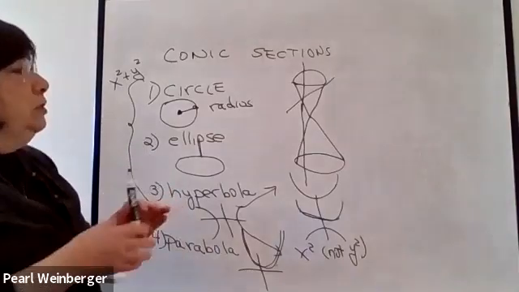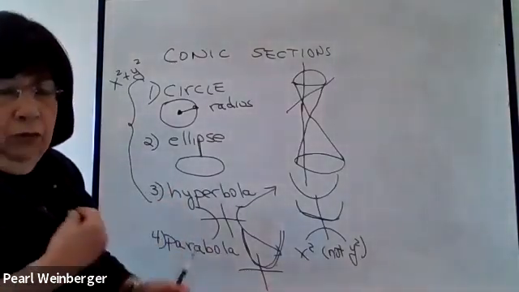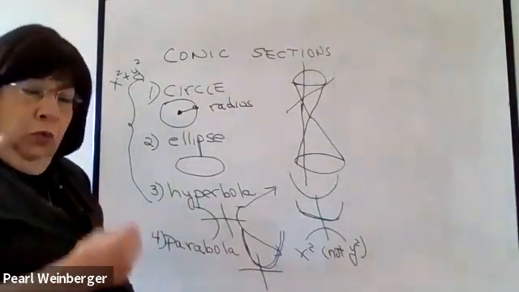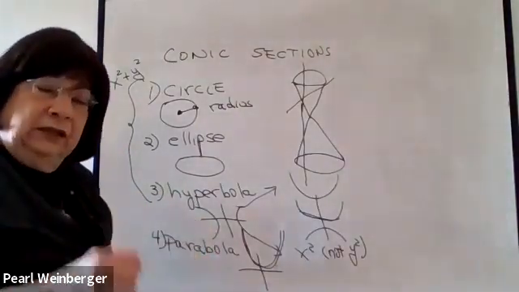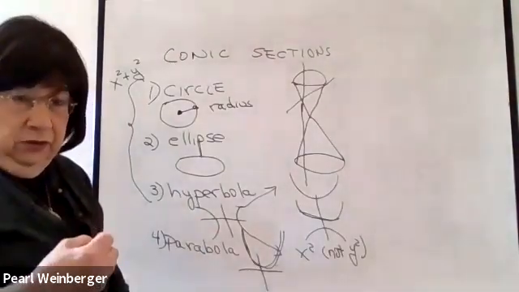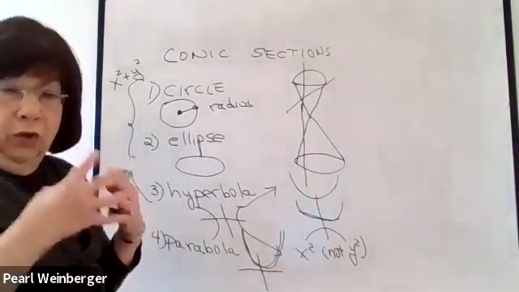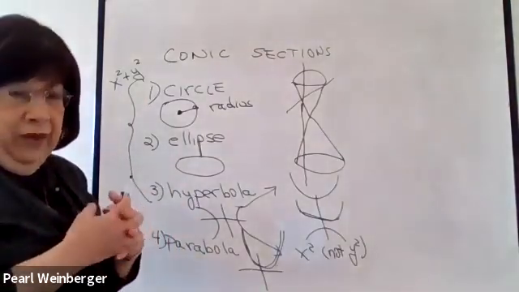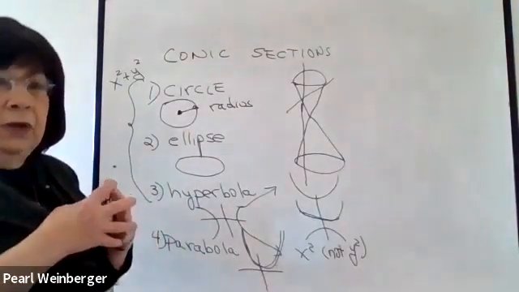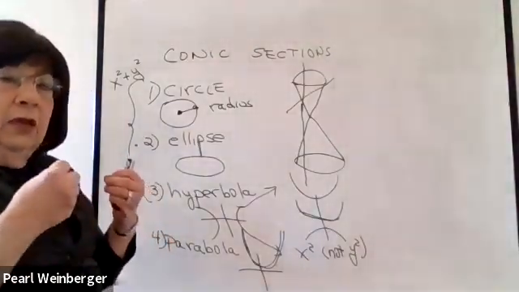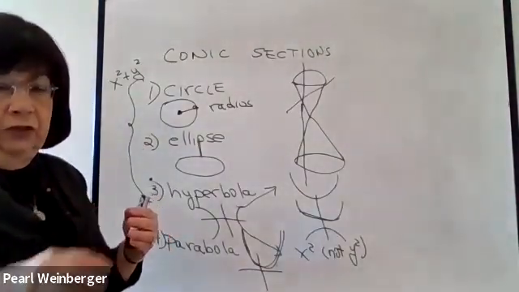But what we're going to do is look, what do we have to know? Aside from having to know what a conic section is, we have to be able to look at a quadratic equation, if I give it to you, and tell what the shape is and what the important features are.